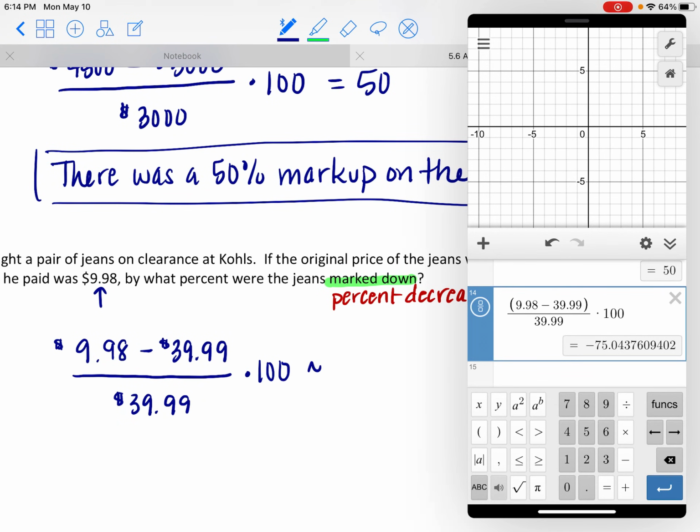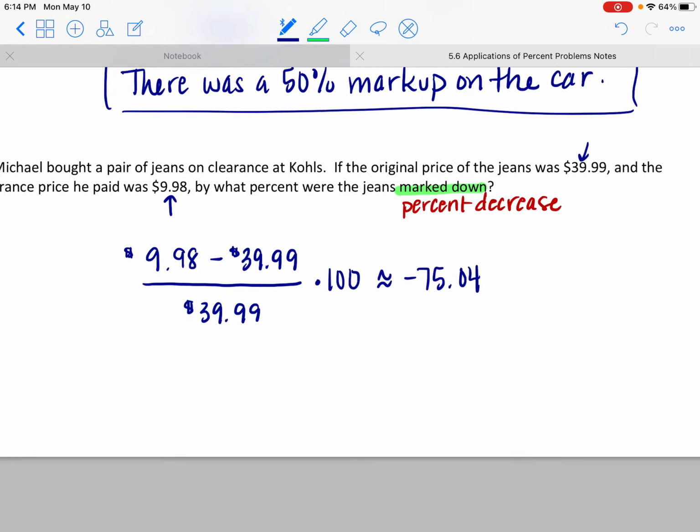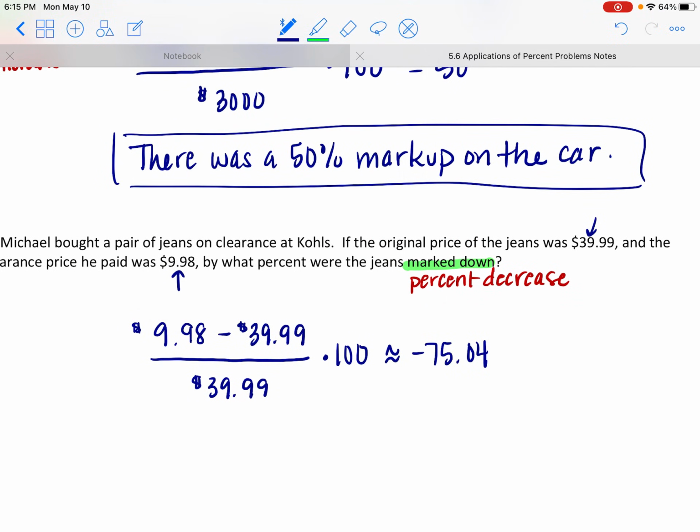We see this is about negative 75.04-ish. Okay, so we can say this two ways. The pants were marked down about 75%.